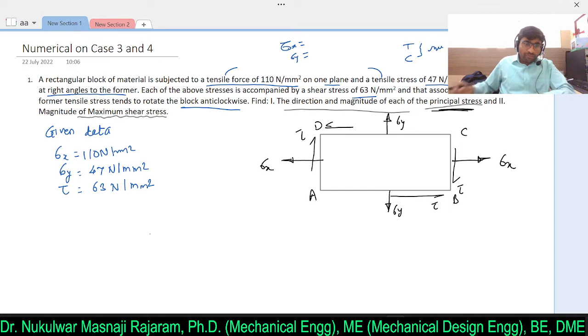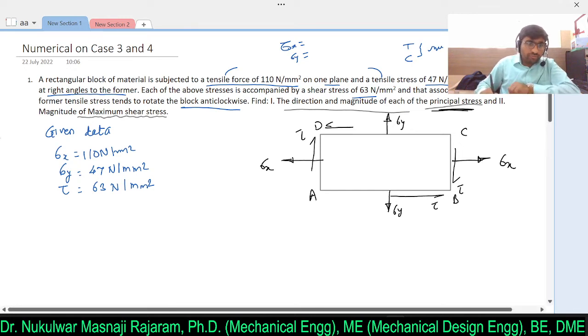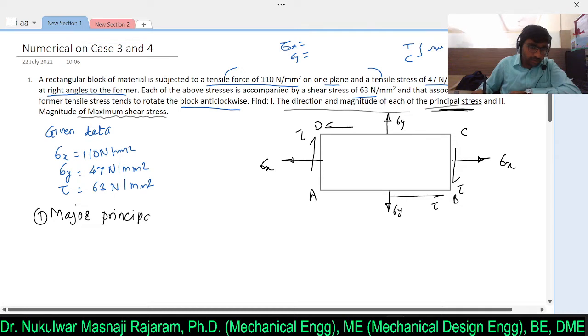So from the given data I will write the formula for the major principal stress first.